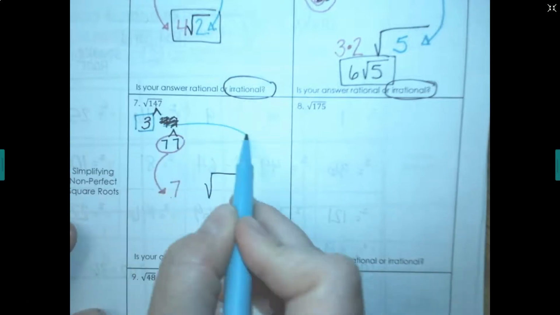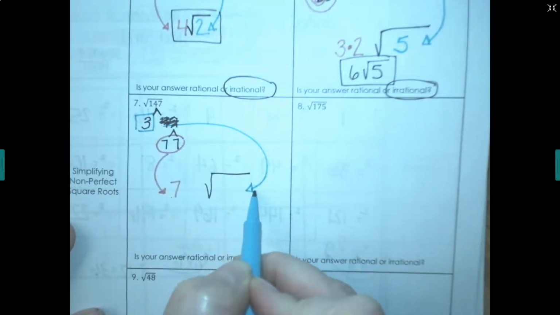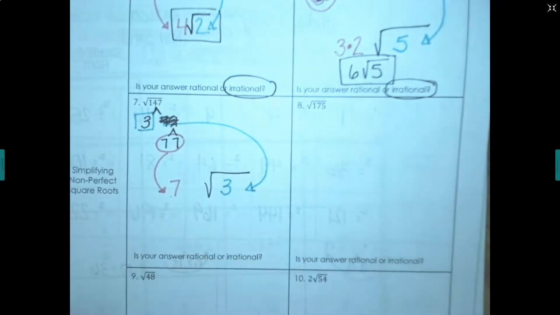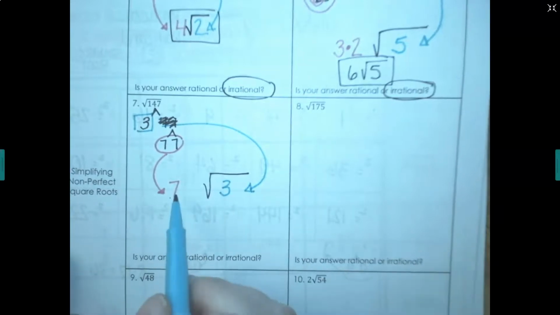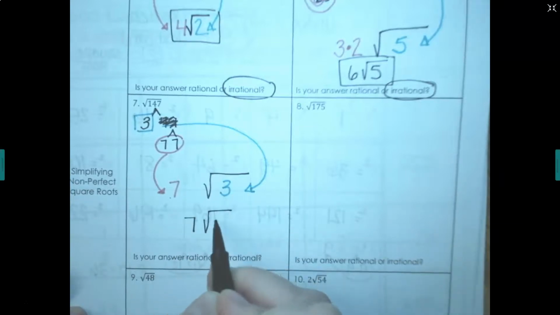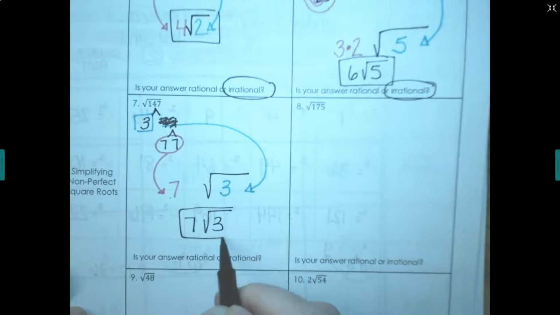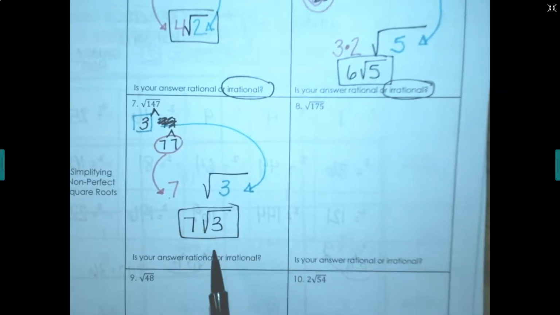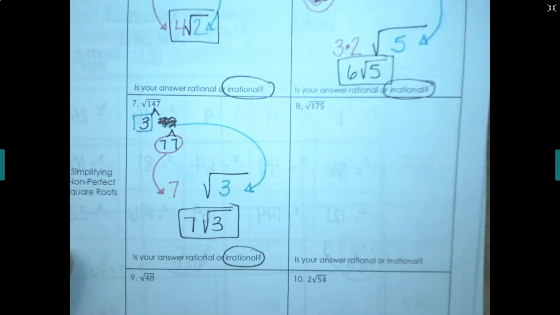If he has no partner, it's got to go back underneath the radical like that. Since I was only able to take out one number to the front, it's just going to stay 7 and then square root 3. So we have a number that's being multiplied to the square root of a non-perfect square, that makes this irrational.